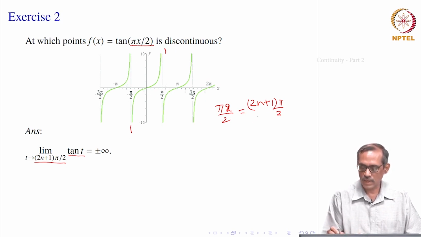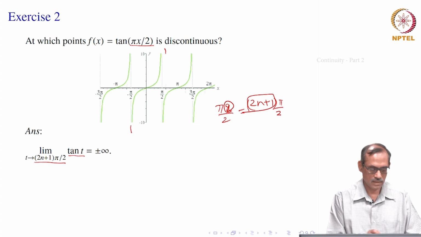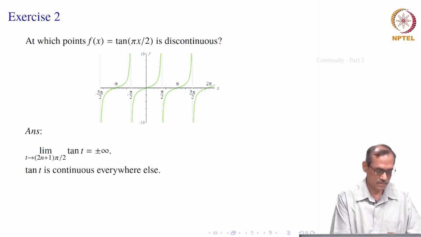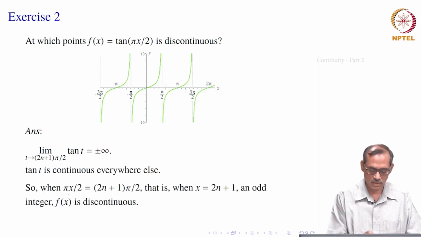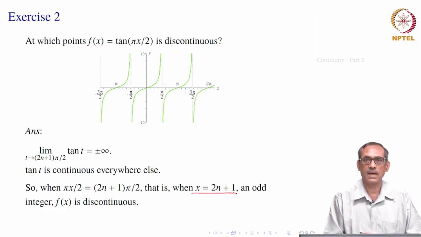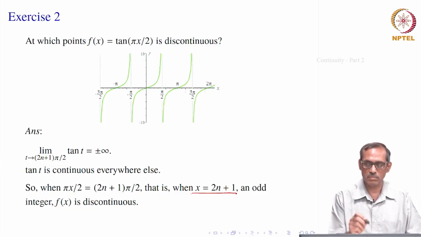So, at these points x which satisfy this, the function is discontinuous. That is x equal to 2n plus 1, right. These are the only discontinuity points. Everywhere else it will be continuous. So, whenever x equals 2n plus 1, an odd integer, f x is discontinuous. At all the other points, this function tan of pi x by 2 is continuous. Okay. So, we stop here.